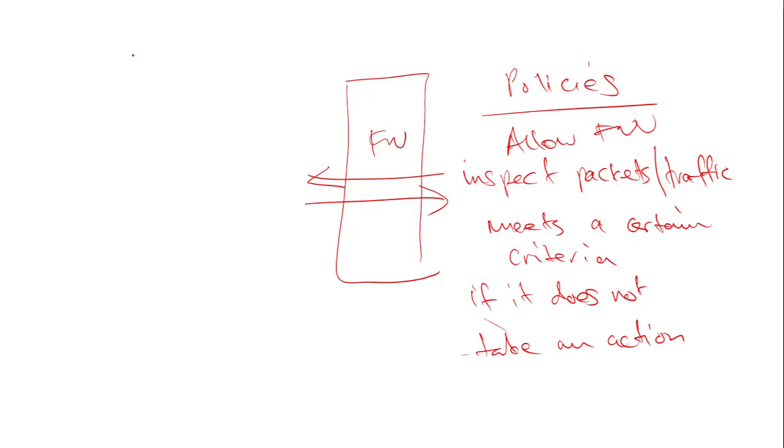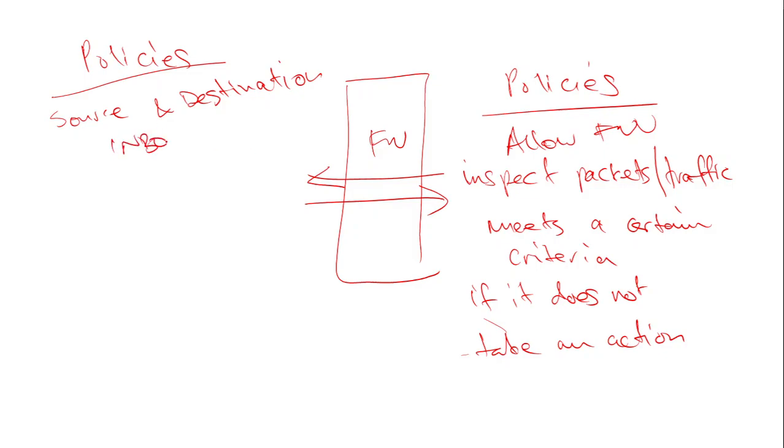The kind of criteria that you might set as a policy is based on source and destination. That is to say, can you inspect inbound traffic? Probably we want to do a policy for inbound traffic.